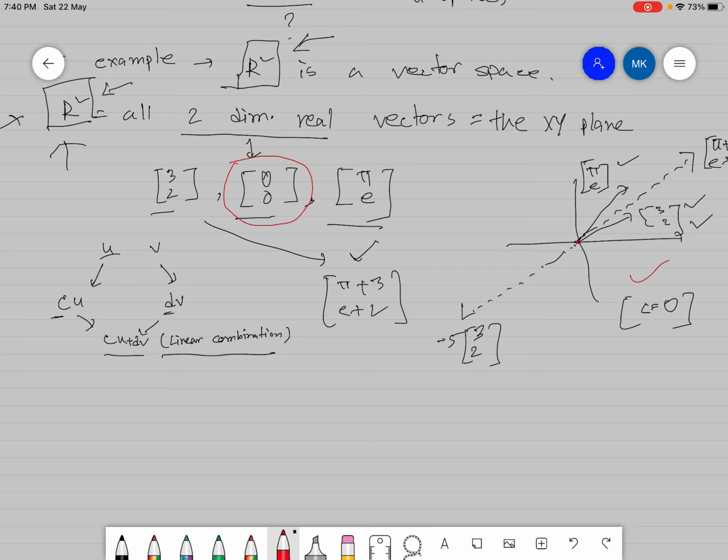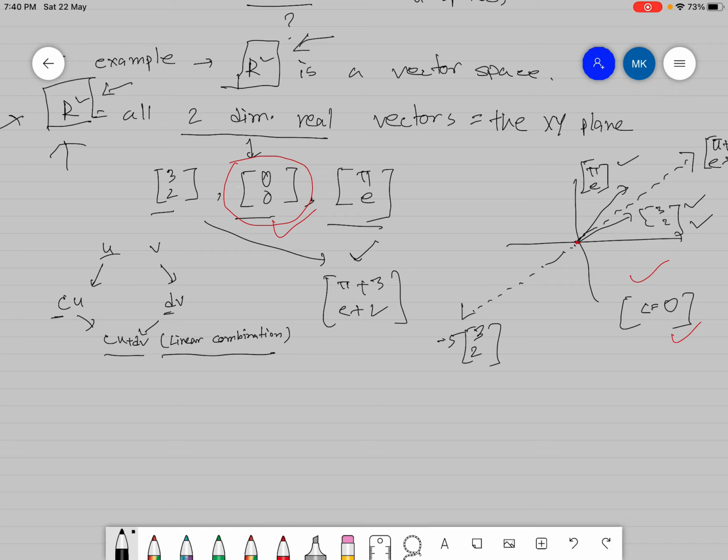If I remove this point from the vector space, then the scaling does not stay in that vector space. So the origin (0, 0) is a very crucial point. If you remove (0, 0) from any vector space, it does not remain a vector space.